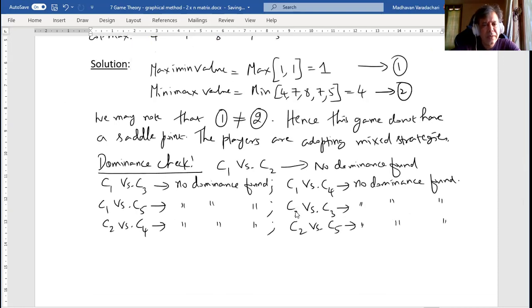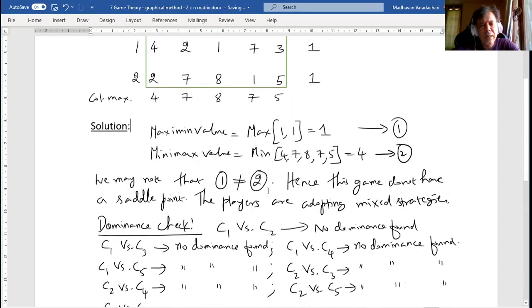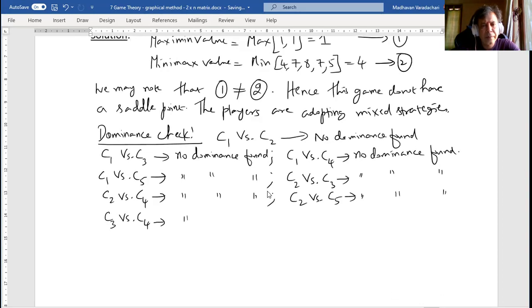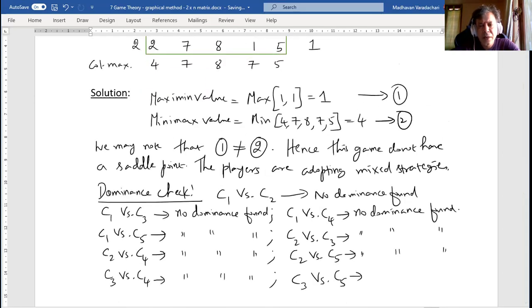Now we have done comparisons of column 2 with all the other columns. Now C3 versus C4. 1 is lesser than 7. 8 is greater than 1. So no dominance found again. Then C3 versus C5. 1 is lesser than 3, whereas 8 is greater than 5. So again, no dominance found.